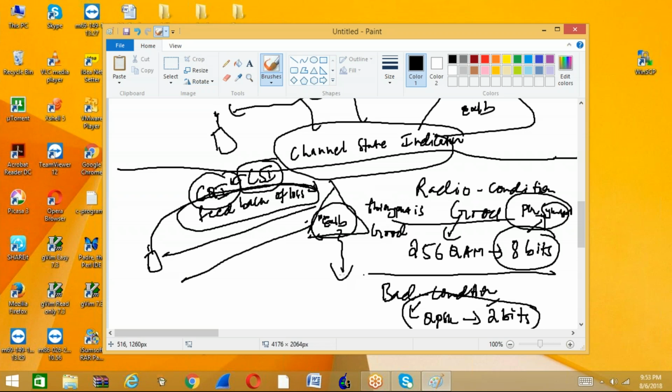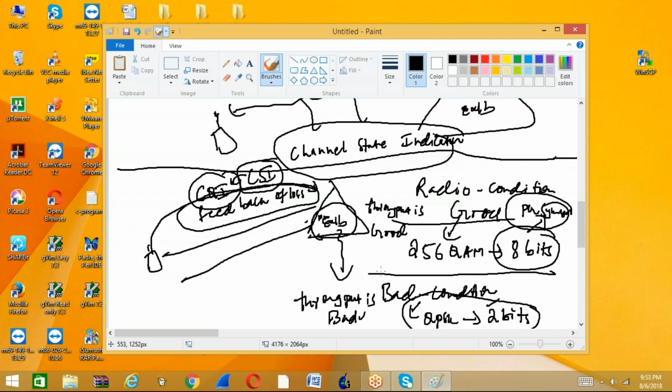Now you tell me what solution you will give for this problem. Till now nobody has given the solution. This is one of the major concerns which is actually keeping drive test engineers' jobs.